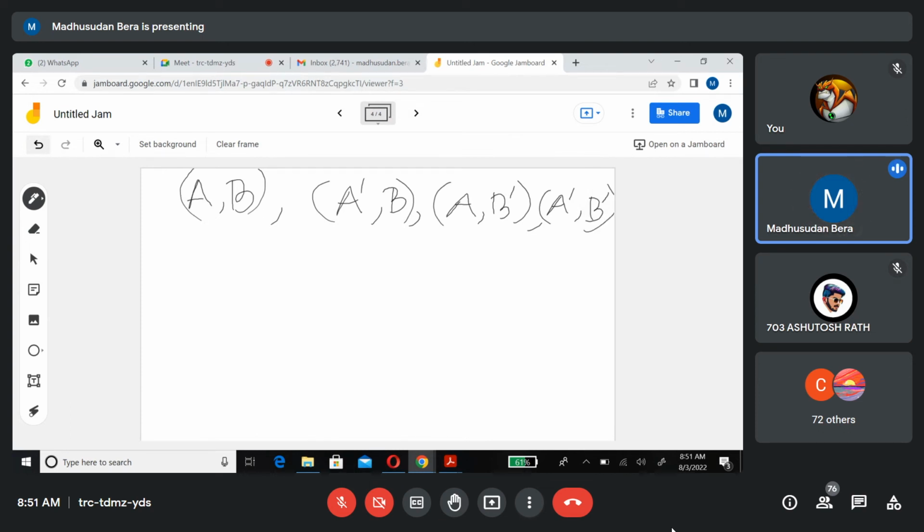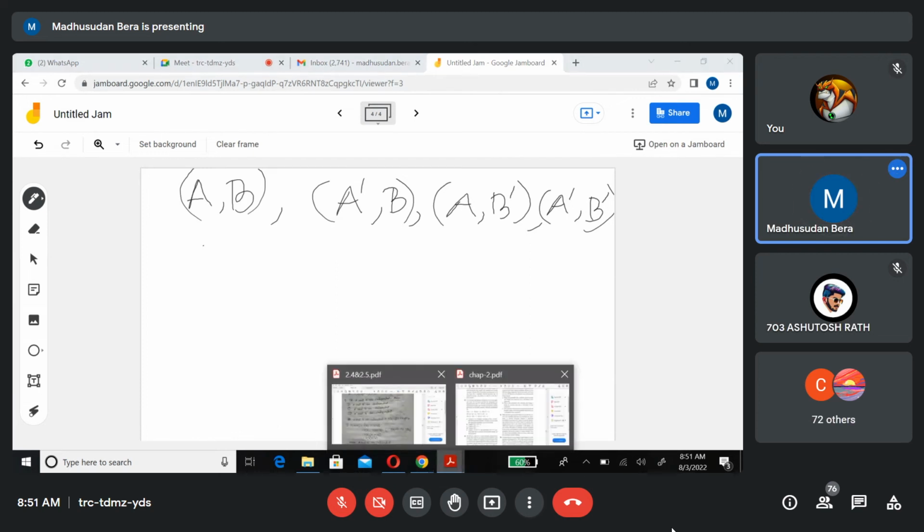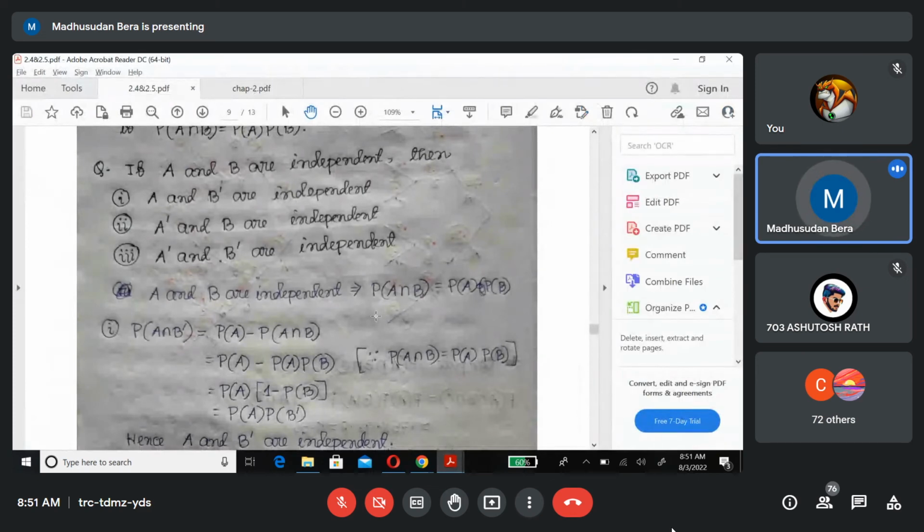Now if any one pair is independent, then the others are also independent. If AB is independent, then this, this and this are independent. If A dashed B is independent, then AB, AB dashed, A dashed B dashed are independent. So if at least one pair is independent, then the others are also independent. That is the result. Is the statement okay? Yes, sir.